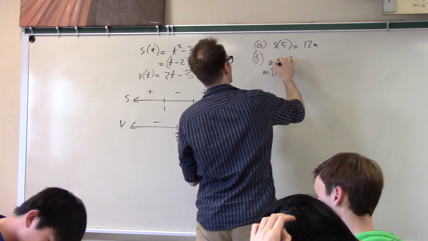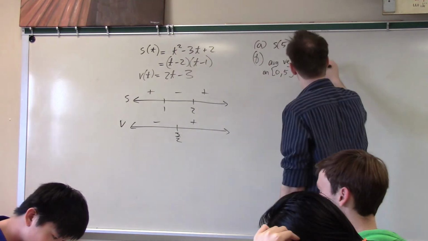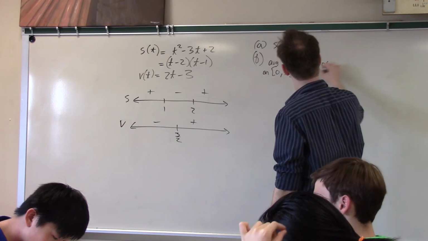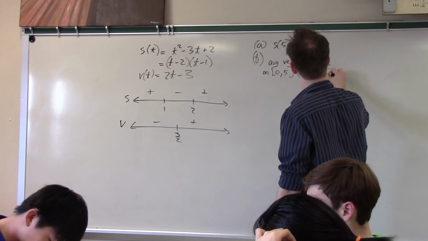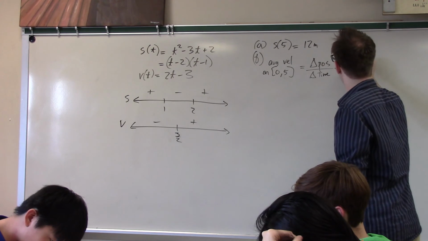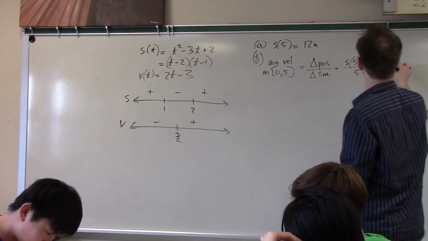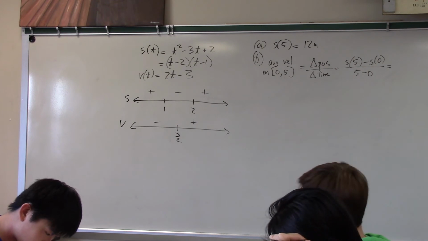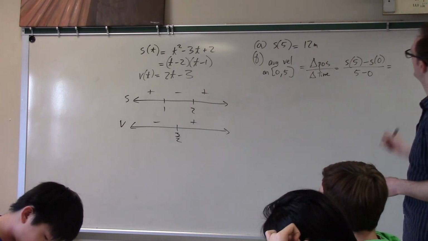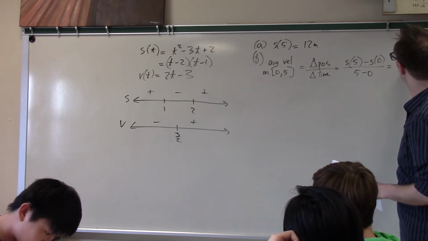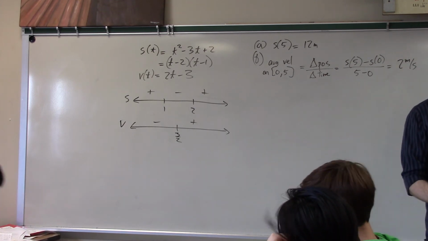Well, the average velocity is just the change in position over the change in time. In other words, it's where I am at 5 minus where I am at 0 over 5 minus 0. And S of 5 is 12 and S of 0 is 2, so the change is 10. So I got 2 meters per second. Is that what you got?